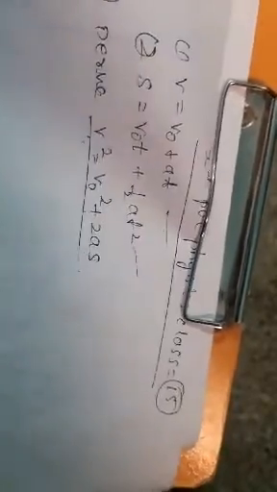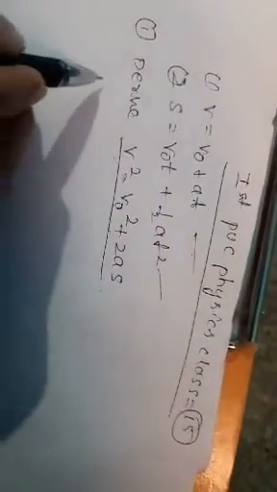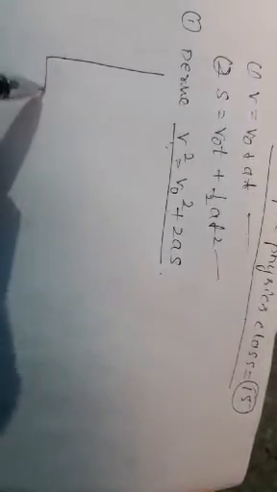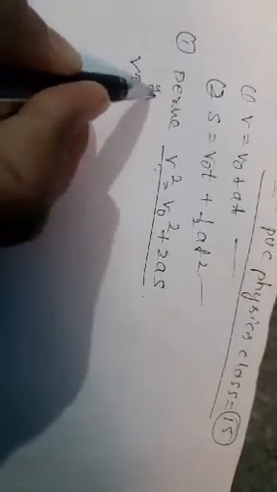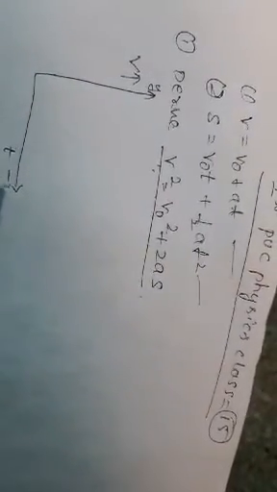First, what is the meaning of velocity time graph? First we draw the velocity time graph. Velocity is a vector quantity. The velocity is taken along the y direction and the time along the x direction.